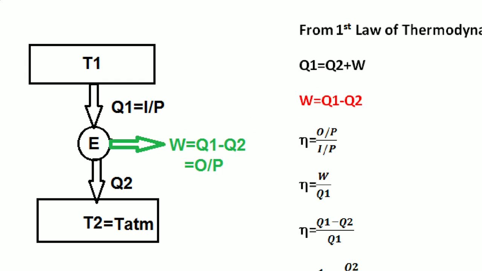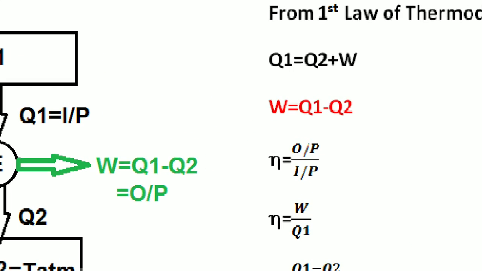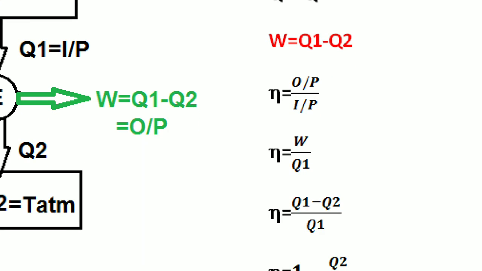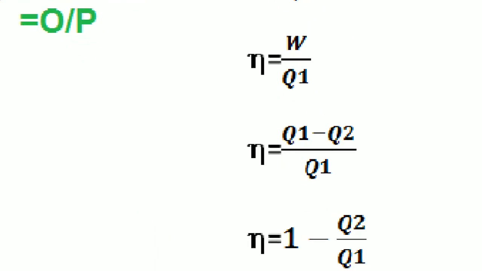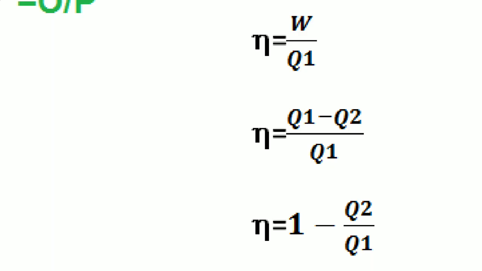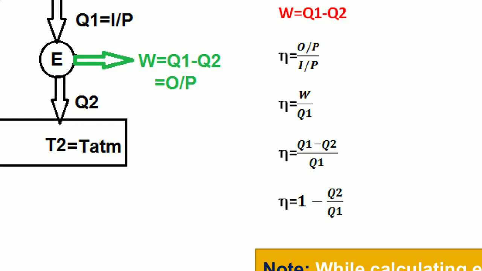So Q1 is equal to Q2 plus W. So W is equal to Q1 minus Q2, and if you substitute in place of W as Q1 minus Q2, we are getting efficiency as Q1 minus Q2 upon Q1, and if you cancel Q1 by separating Q1 and Q2, then Q1 gets cancelled, then efficiency becomes 1 minus Q2 upon Q1.